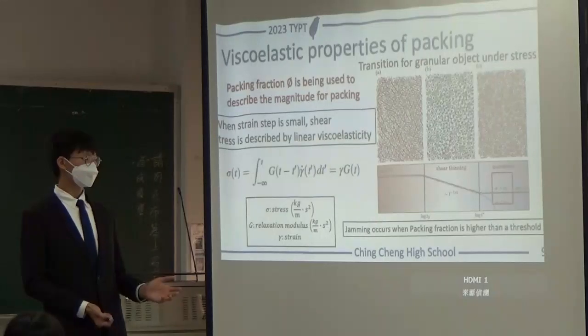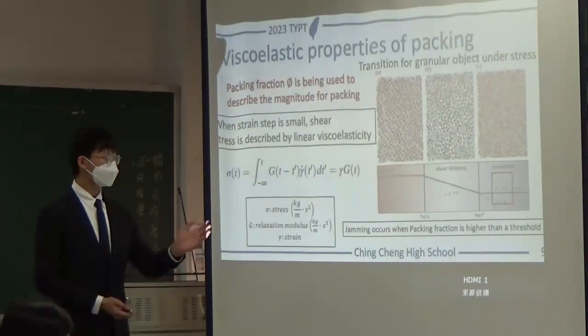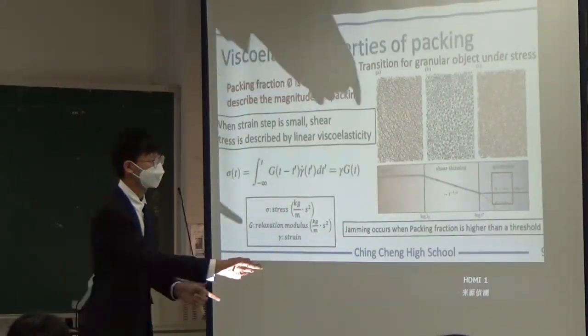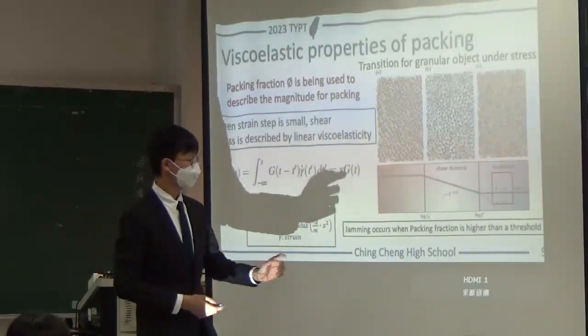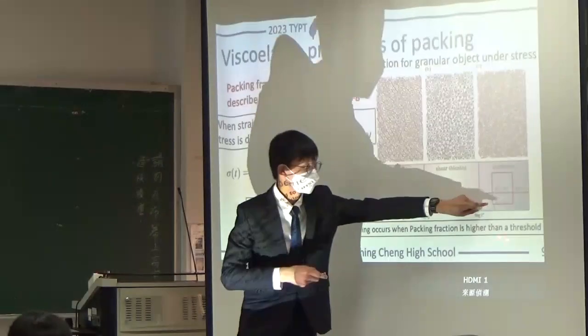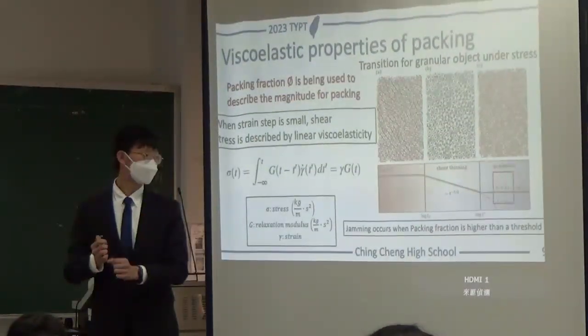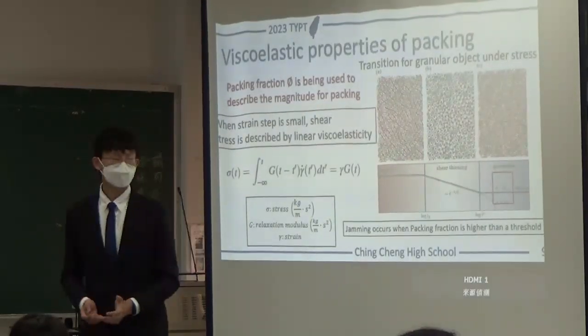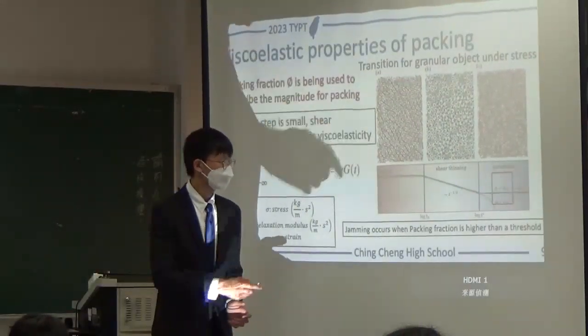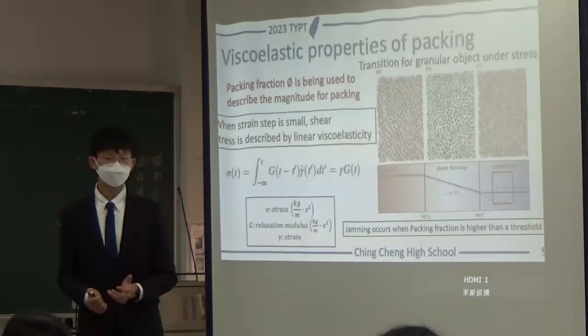And the jamming occurs when packing fraction is higher than the threshold. You can see here when your pulling force is lower than this line, you can pull the vessel up. But on the contrary, when your pulling force is higher than this line, you can't pull these vessels up.